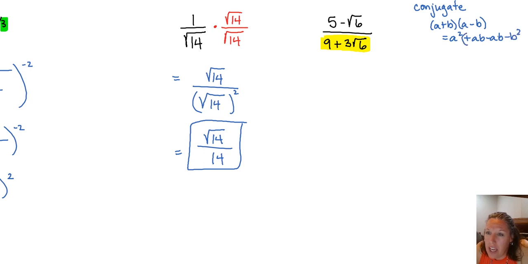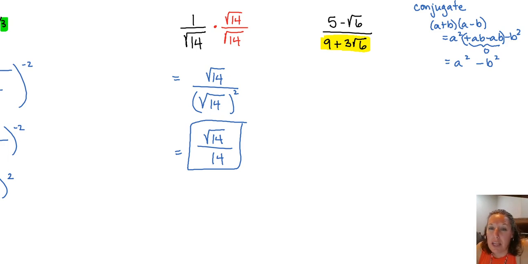Our plus ab and minus ab add to 0, and so we just get a squared minus b squared. Since we're squaring each of those terms, there will not be any irrational numbers left.